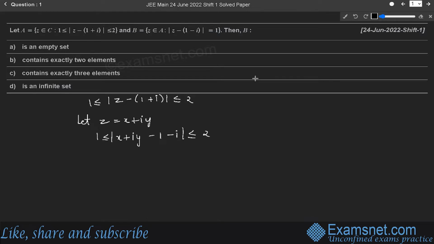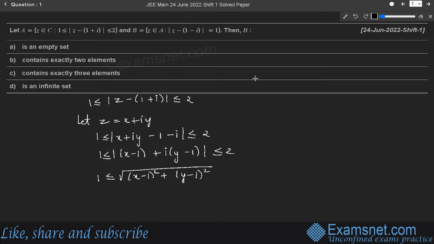So it can be written as modulus of (X minus 1) + i(Y minus 1) lies between 1 and 2. So it can be written as the square root of (X minus 1) whole square plus (Y minus 1) whole square also lies between 1 and 2. It represents two concentric circles, both having center at (1, 1) and radius 1 and 2.